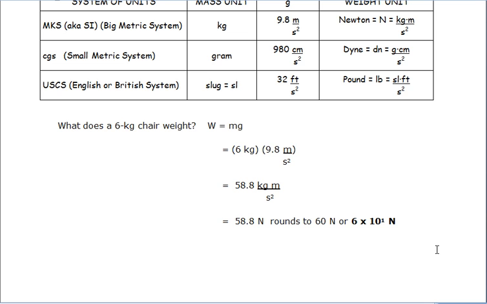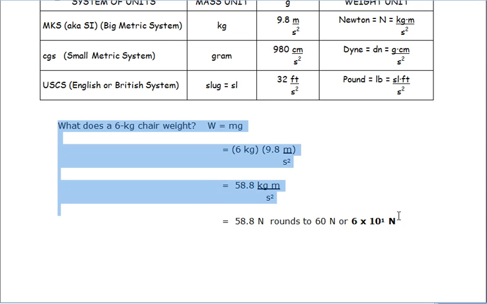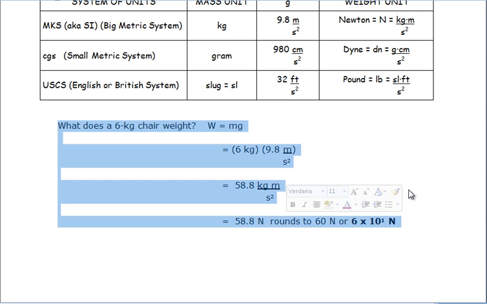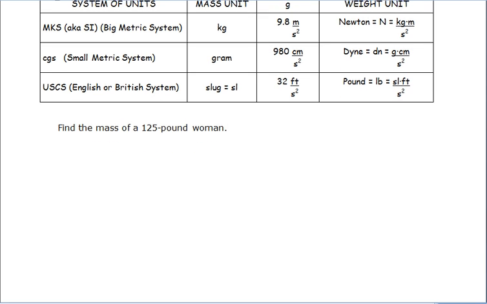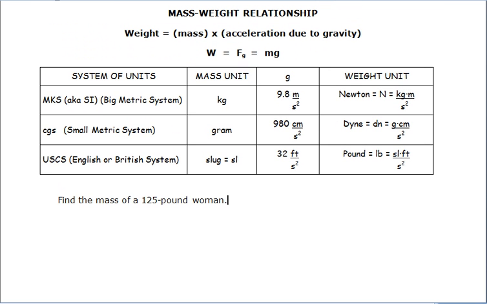Now, let's do a second sample. Let's take away the 6 kilogram chair and find the mass of a 125 pound woman. The first question, once again, is have we already been given the answer to the question?